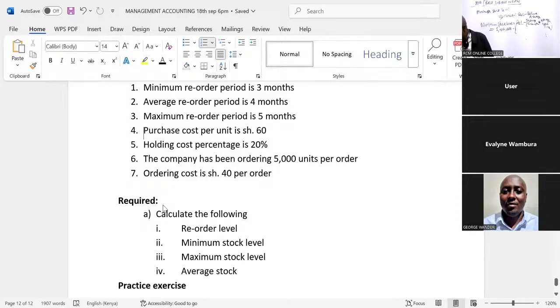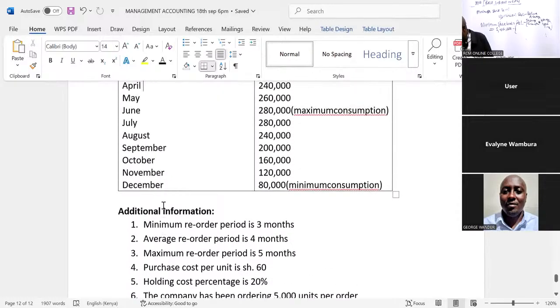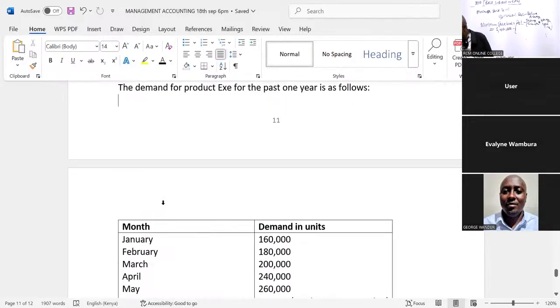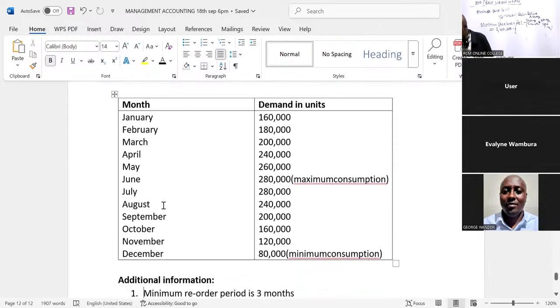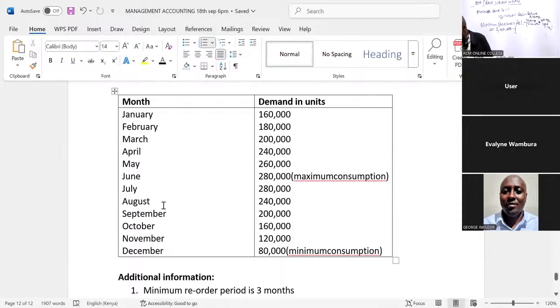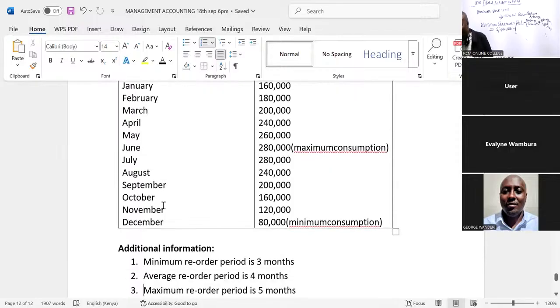You add everything from that demand. Consumption is the same as demand. So you take 160,000 all the way, you add 180, 200, all the way up to 80,000. Add all of them. Tell me what do we have.